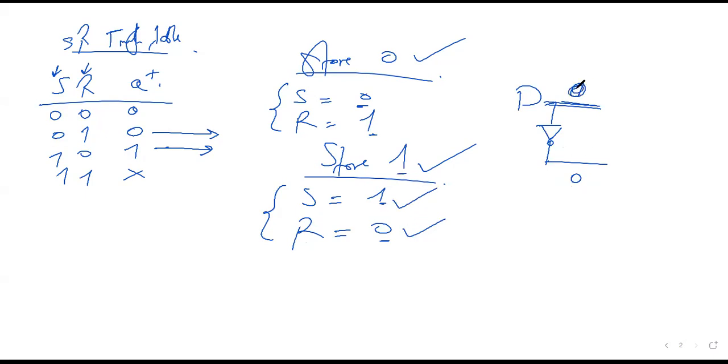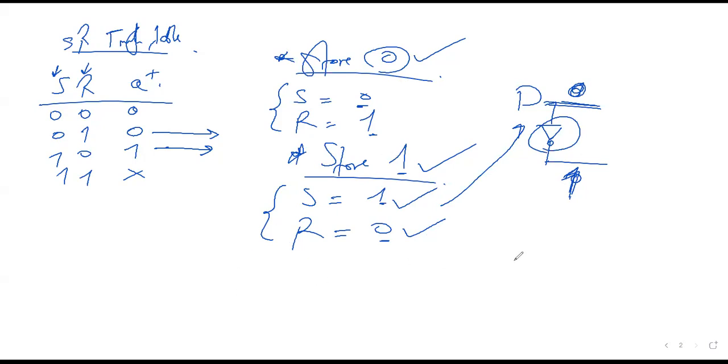If I have 0 here, the other input is 1, so I'm storing a 0. So why modify? Because we want to keep only these two: store a 0 and store a 1. The complement of S and R simplifies to having only one input and we complement it. That's why we have the D flip-flop used to store data.